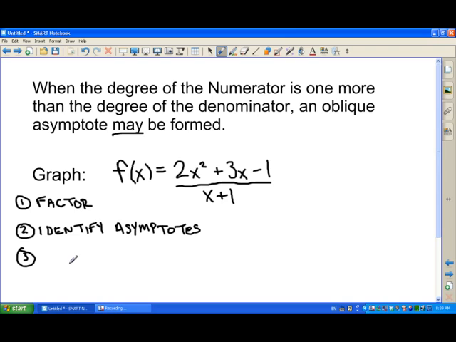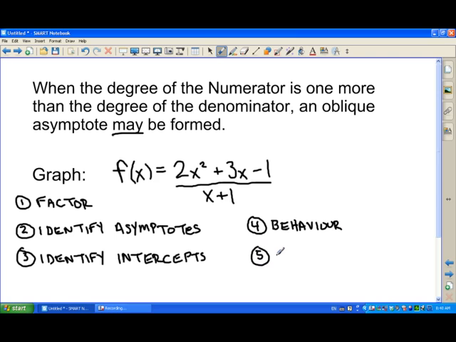We'd like to identify our intercepts. We may need to investigate behavior around some of these different points. And once we've done that, we should be able to draw a pretty good sketch of this function.